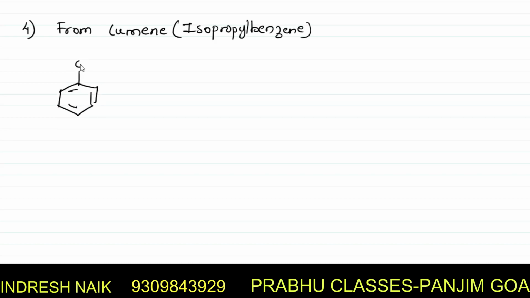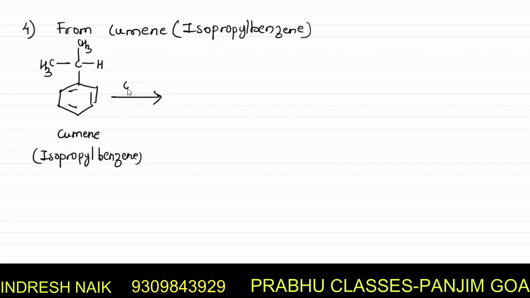Iso means one methyl group on the second carbon, right? So this is the first carbon, this is the second carbon, and there is one methyl group on it. So this is isopropyl, total three carbons. So isopropyl benzene, and this is also known as cumene. What is done over here is oxidation.